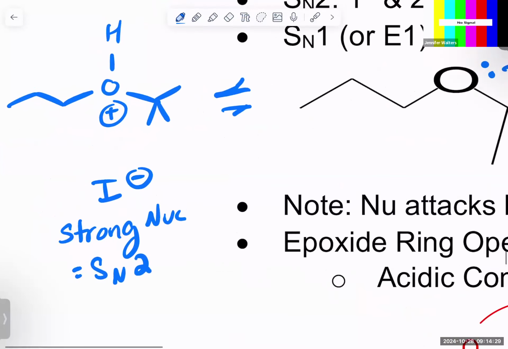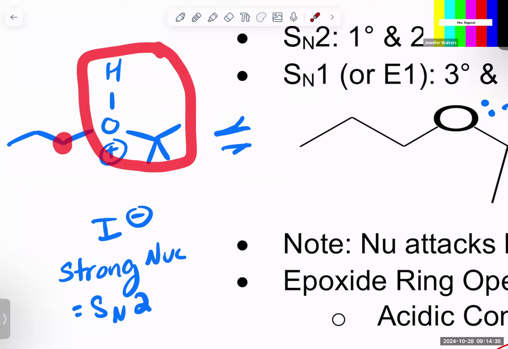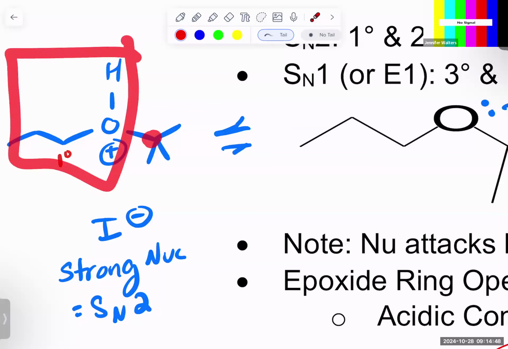So when I consider the two sides of my ether, this side, if this whole thing is the leaving group, would be considered a primary leaving group, because that carbon is attached to only one other carbon. This side, if this whole thing is the leaving group, is going to be a tertiary leaving group, because that carbon is attached to three other carbons.